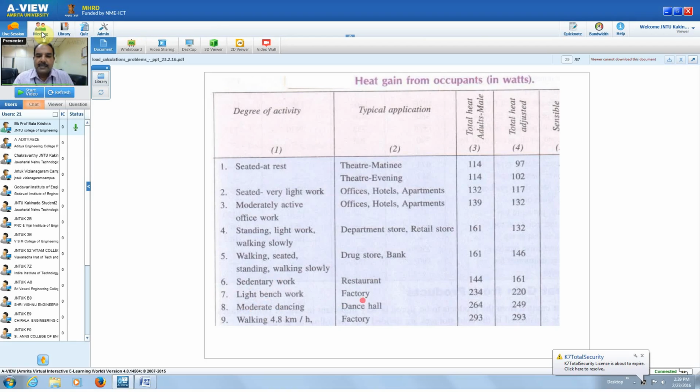See, dancing is always more, and walking at 4.8 kilometers per hour, more heat will be generated. Like this, the occupancy load we can calculate in watts. These are 104 watts and 104 watts, 132 watts. If you are walking at 4.8 kilometers per hour, then more wattage will be generated.